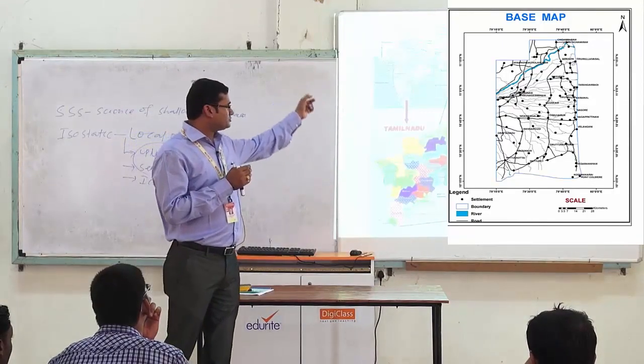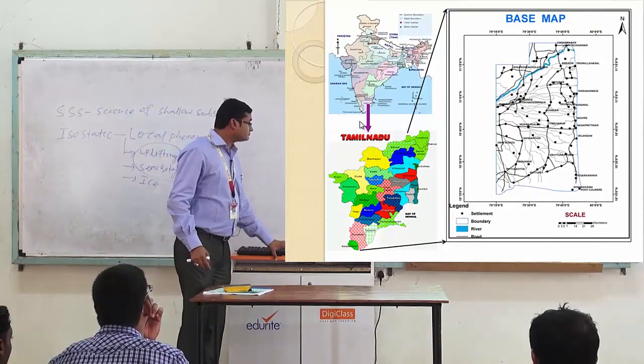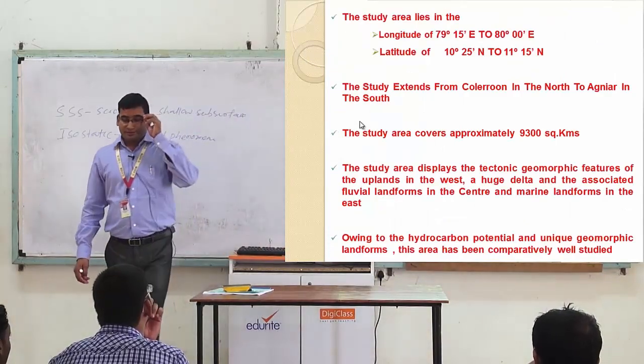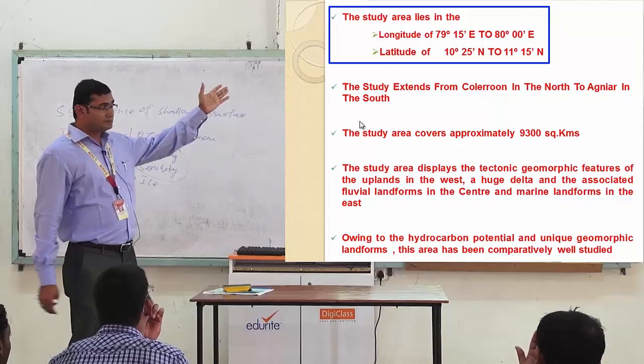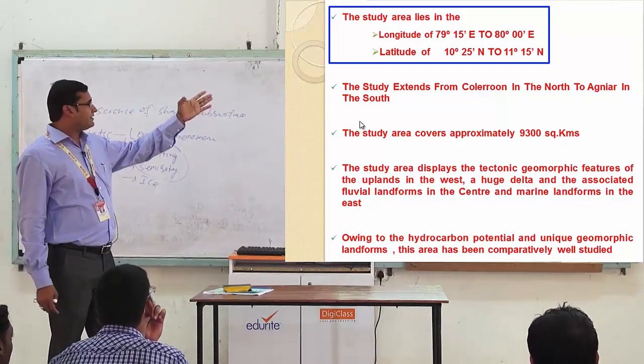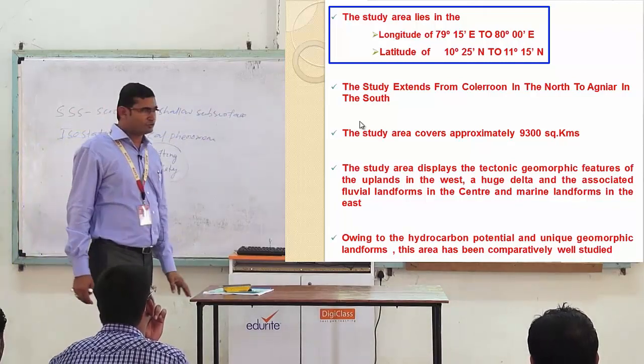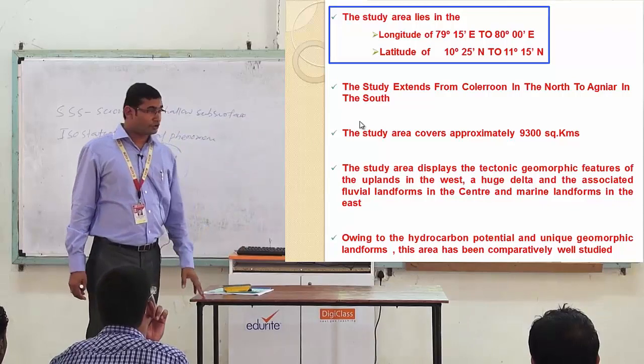That is your latitude and longitude, it is right. So the longitude lies between 79 degree 15 minute east to 80 degree 0 minute east, and the latitude of 10 degree 25 minute to 11 degree 15 minute north.